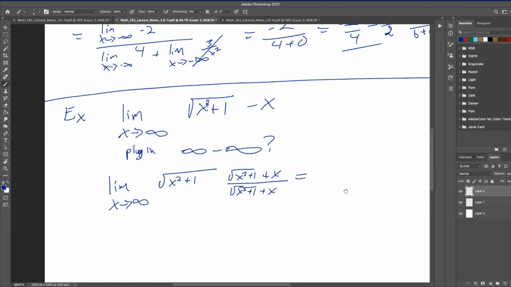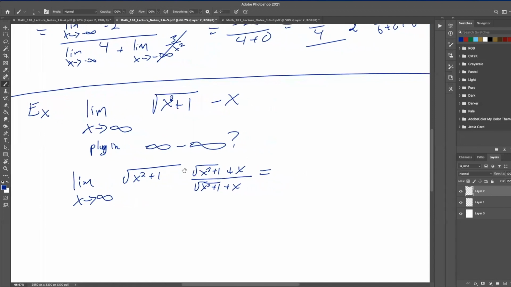This is the trick you almost always use for square roots. Let's just see what we get. Oops, I forgot my minus x, didn't I?